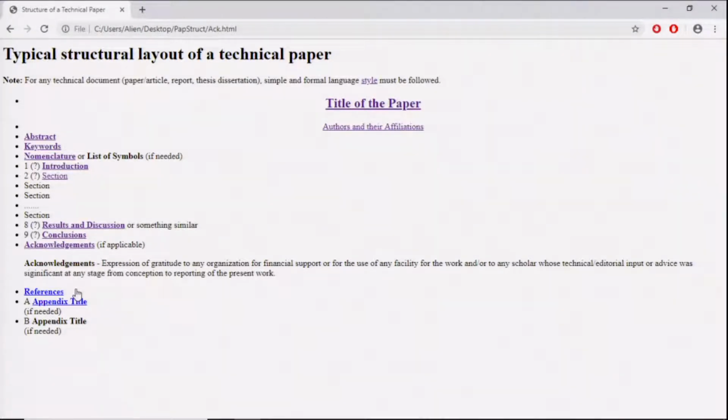That is, under what situations you need an acknowledgement at the end of the paper, and what should go in the acknowledgements. Acknowledgements, if there, are typically used to express gratitude to any organization for financial support or logistic support, or use of any facility for the work.